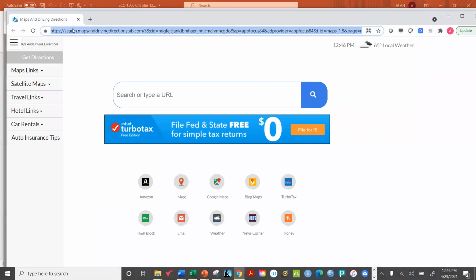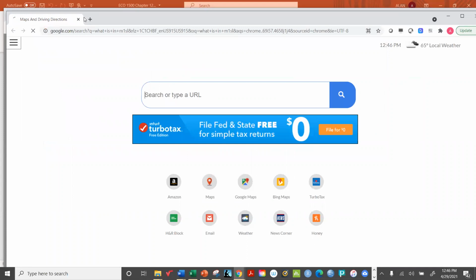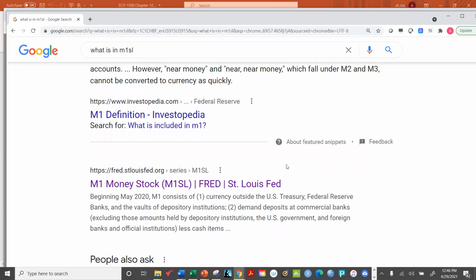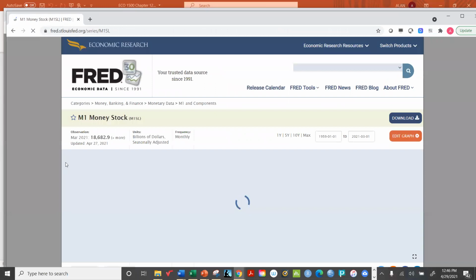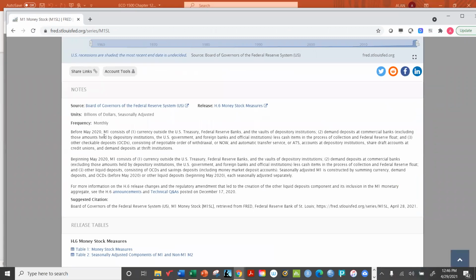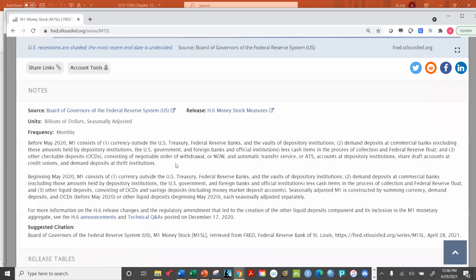So why don't we take a little detour here and see what they mean by M1SL. Oh, see, now it's not even here, it's just M1. Oh, wait a minute. Here we go. Maybe there's an explanation here. Oh, here we go. Before May of 2020, see, it's been less than a year. Before May of 2020, M1 consisted of currency outside the US Treasury, Federal Reserve banks, vaults of depository institutions, demand deposits of commercial banks, et cetera, et cetera.